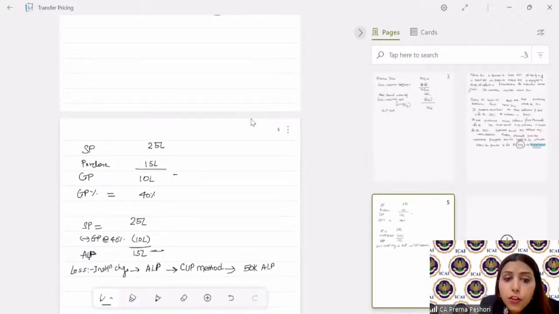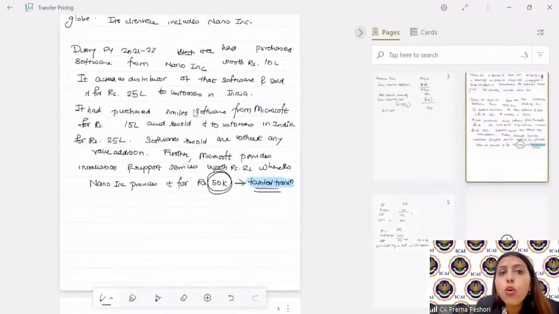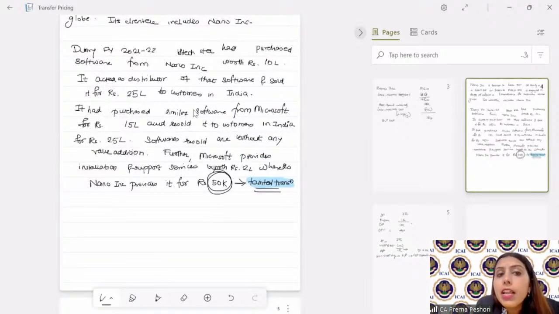Similarly, even for this purchase cost, it is 15 lakh. My transfer price was at rupees 10 lakhs, which was already lower than the ALP. So if I apply the transfer pricing, it will reduce the total income because the higher purchase price is my ALP.